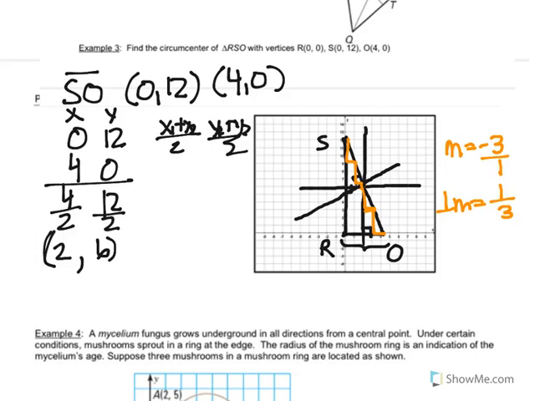So you can just start at the midpoint there and do rise of 1 over 3, 1 over 3, and my hand drawing there wasn't very good, so it's a little bit too steep.